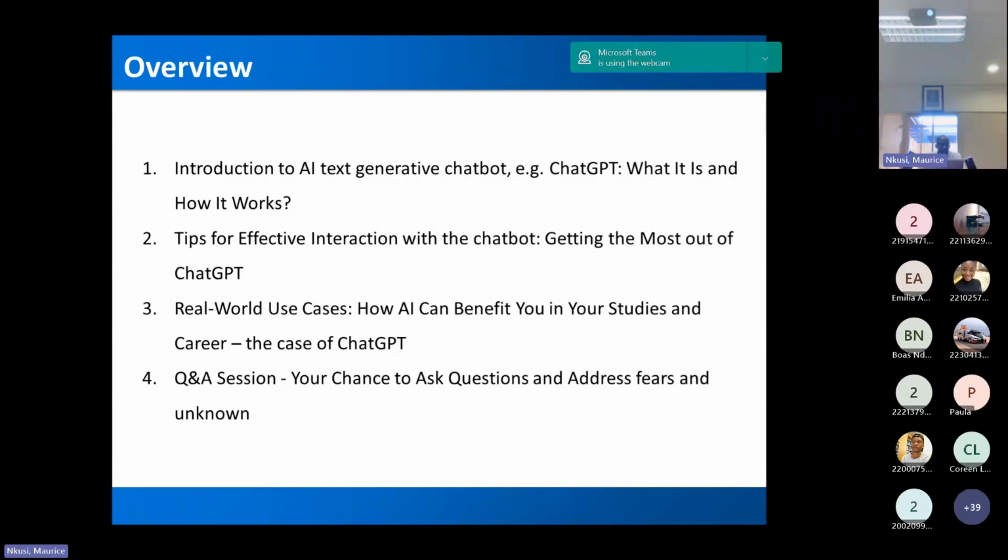How can this technology support us in the work we are doing as students or as professionals? We'll talk about some tips for effective interaction with the chatbots. We'll talk about real world use cases, but in our context, we are going to talk about education, your learning, and the research that you are doing, and how this can provide important support.